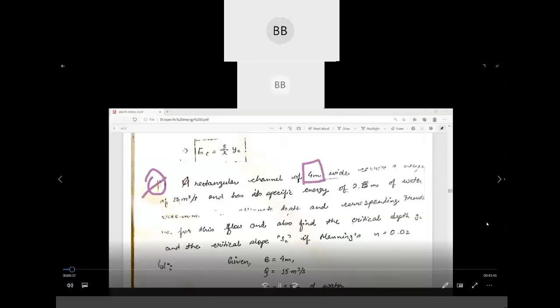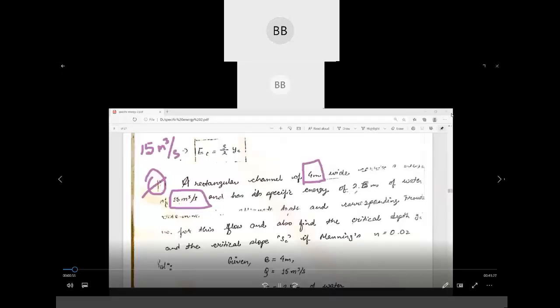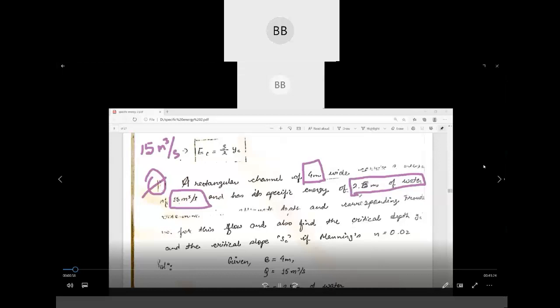Carries a discharge of 15 meter cube per second, and has a specific energy of 2.5 meter of water. Specific energy is given 2.5 meter of water.